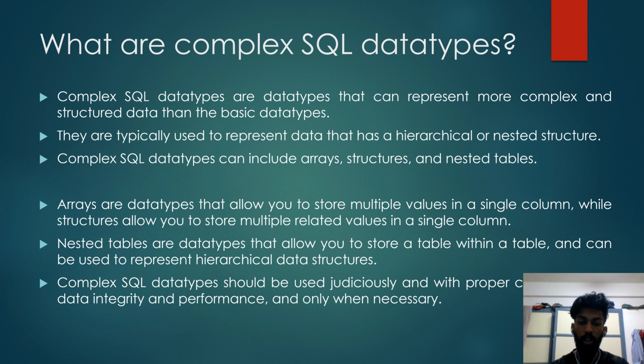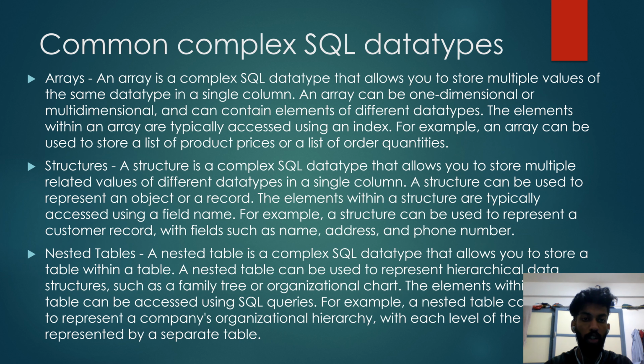Arrays allow you to store multiple values in a single column, while structures allow you to store multiple related values in a single column. Nested tables allow you to store a table within a table and can be used to represent hierarchical data structures. Complex SQL data types should be used judiciously, with proper data integrity and performance, and only when necessary.